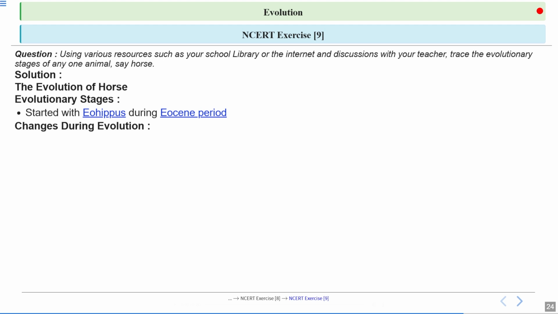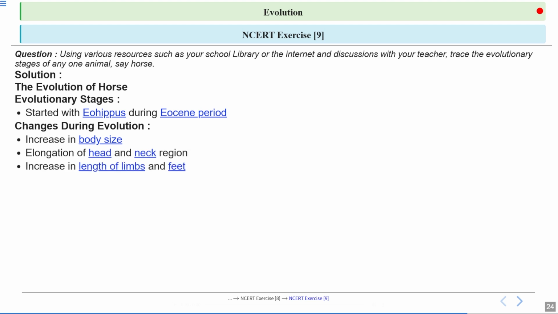Now, what were the changes in the horse during the evolution? There was an increase in the body size. Then there was elongation of the head and neck region. There was an increase in length of limbs and the feet. There was reduction of the lateral digits. There was enlargement of the third functional toe as well.